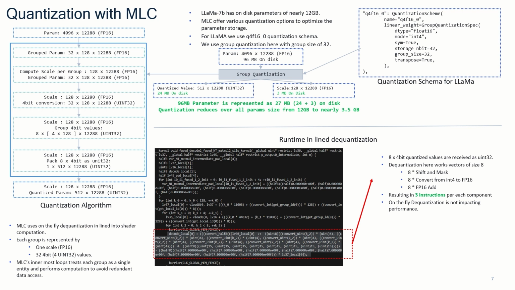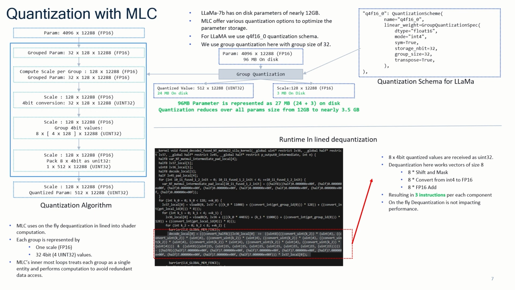When you look into the pressure that we are going to have on the compute power with respect to this inline dequantization, every EU in 32 packs 8 values in this.